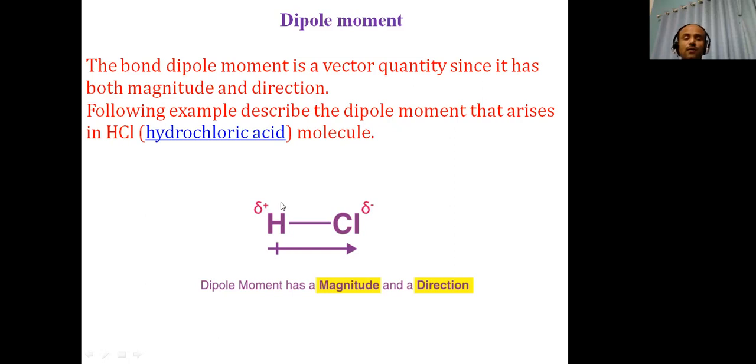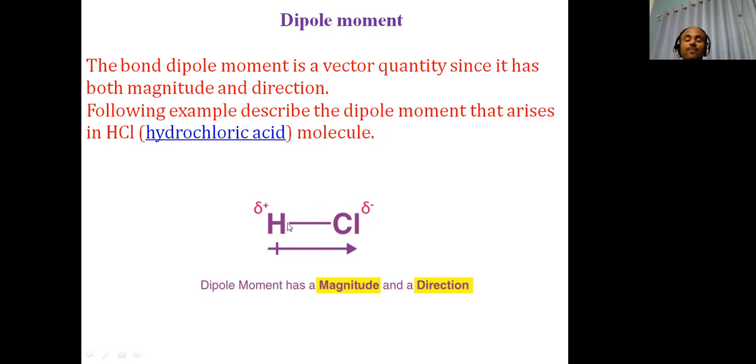Consider an example of a dipole: HCl. HCl is a molecule in which the two atoms, hydrogen and chlorine, are held together by a covalent bond, with sharing of an electron pair.